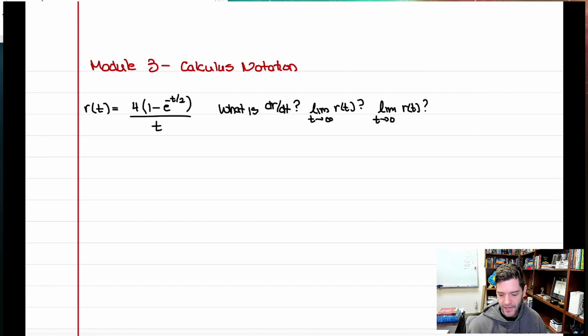Things that are more complicated like div, grad, and curl, I think we actually won't need all of those later on in the semester, but we'll review those. Line integrals, things like that, we will review when we need them. A lot of that vector Calc 3 stuff comes up more in E&M than this course, at least in the stuff we will cover. But we'll review once we need it.